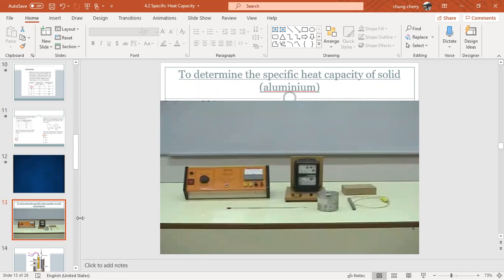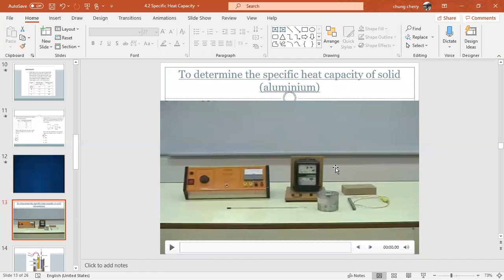When school reopens after this MCO finishes, I will do an experiment regarding this, to let you understand the process, because sometimes the questions that come out are related to it. So this is a video on how to determine the specific heat capacity of aluminium.